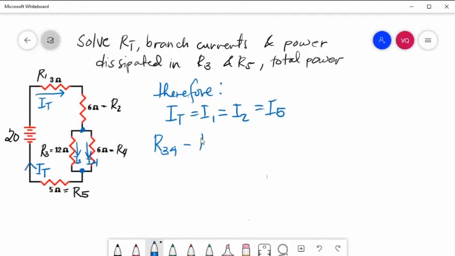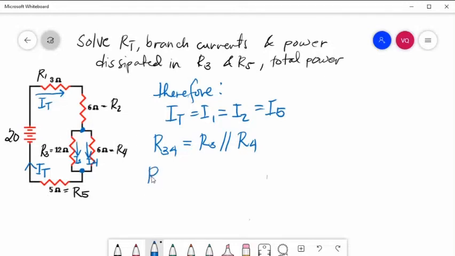So R3 is in parallel with R4. And then this R34 will be a single resistor. And you can see that R1, R2, R34, and R5 are connected in series.